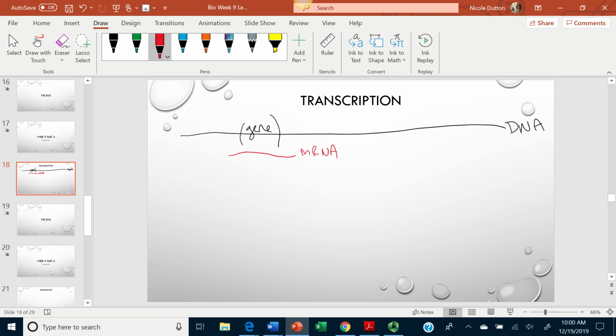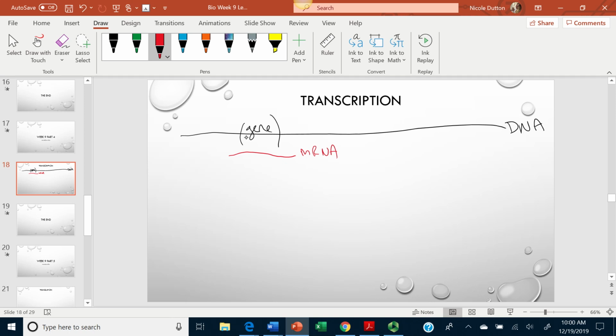Now their exact shape is important because their shape fits a particular substrate, and we'll learn more about that when we go through the metabolism type stuff. But it's important to grasp how important this is.